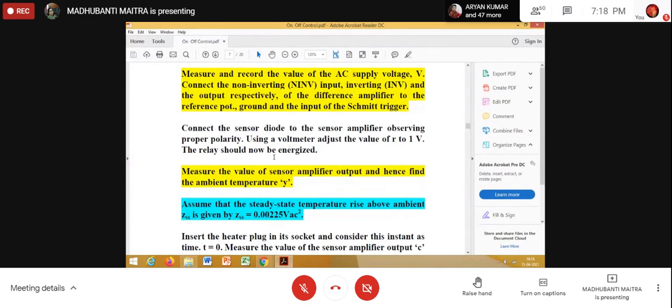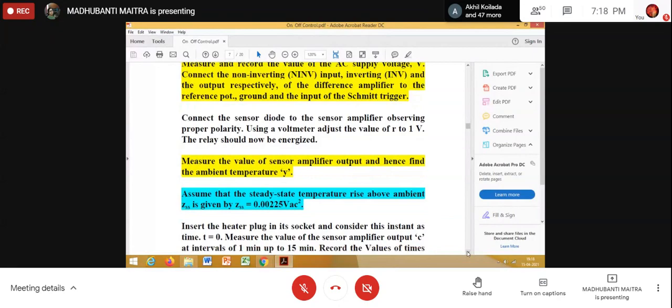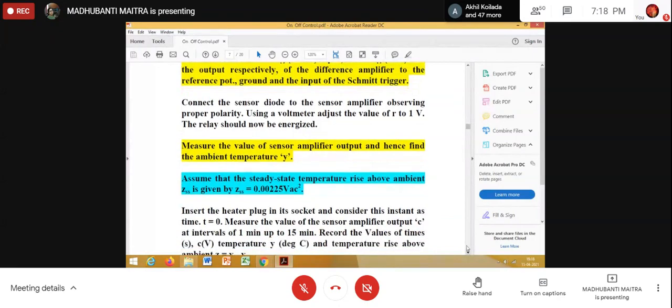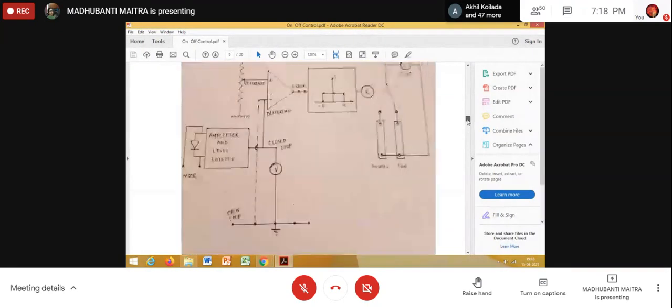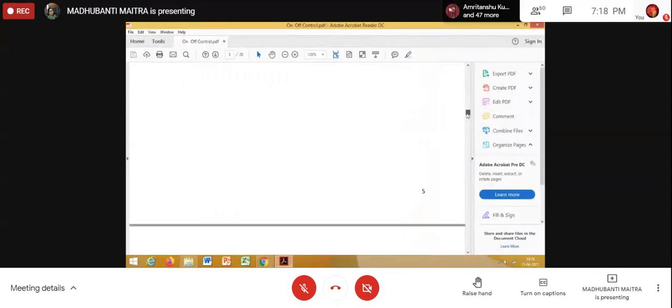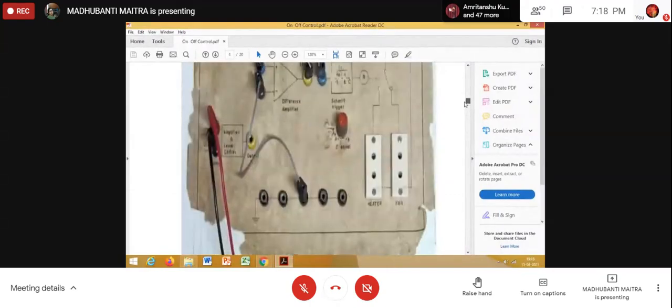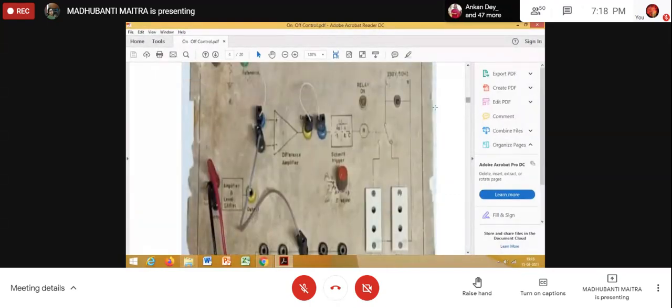That's why the relay will be energized. And there is a light; if the relay is energized, we can identify it with the help of this light.